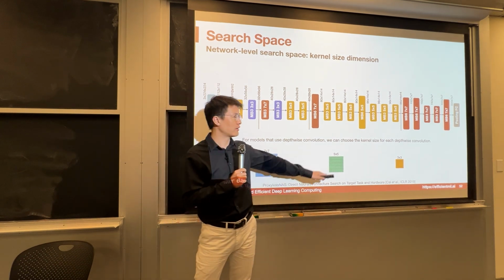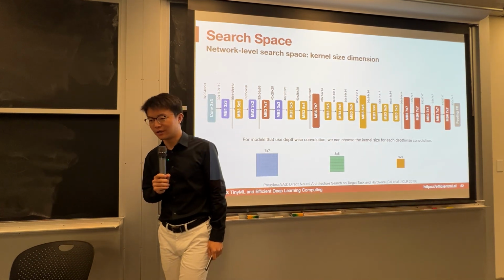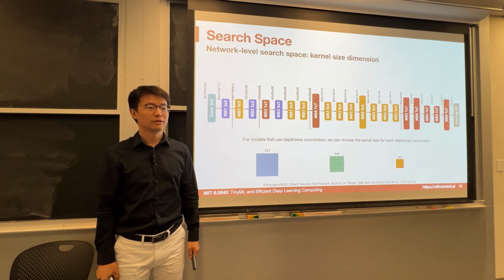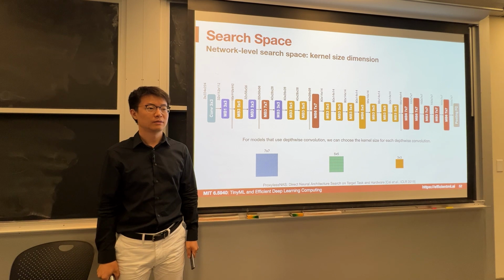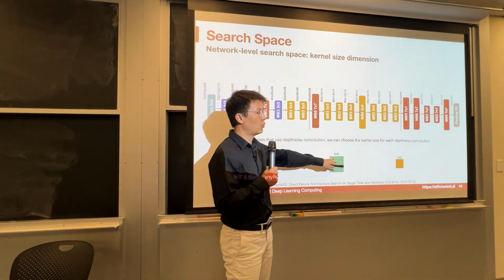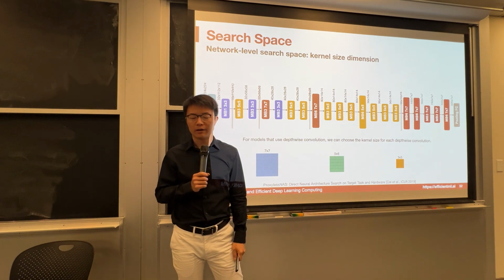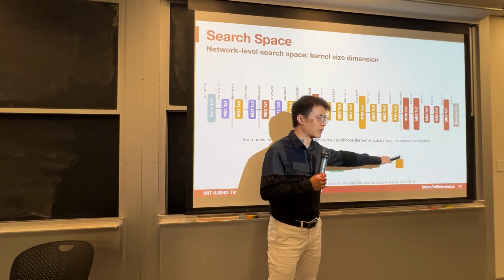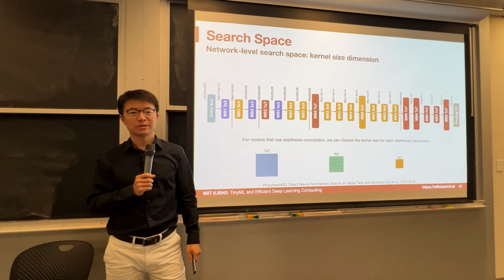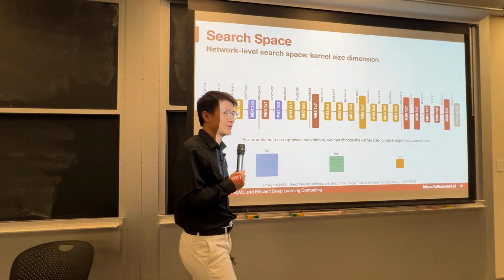What's the advantage of having a single 5 by 5 layer? So yeah, you have more parameters. Then what is the advantage of 3 by 3 convolution? It has a smaller model size, right?